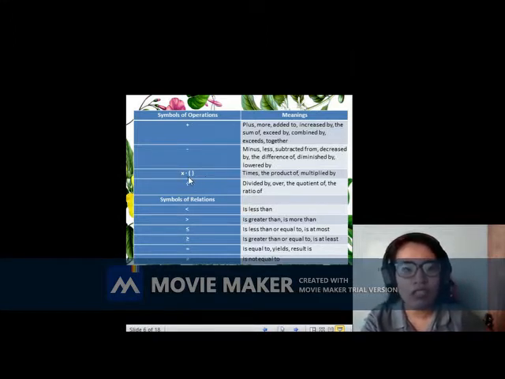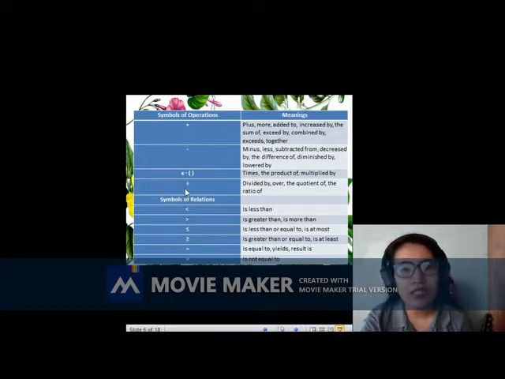In grade 6, you just used this symbol, somewhat like the letter X. But now, we're going to use basically the dot or the parenthesis, because that X will have another meaning. Later on, you will find out. And the words for that symbol are times, the product of, multiplied by.